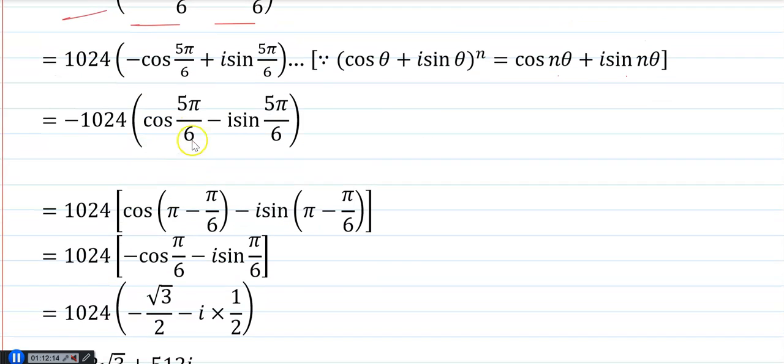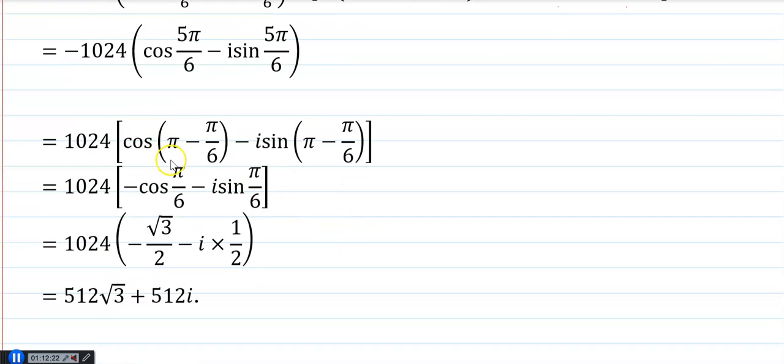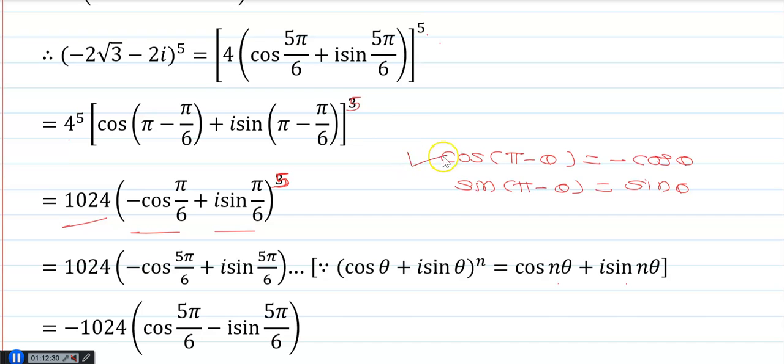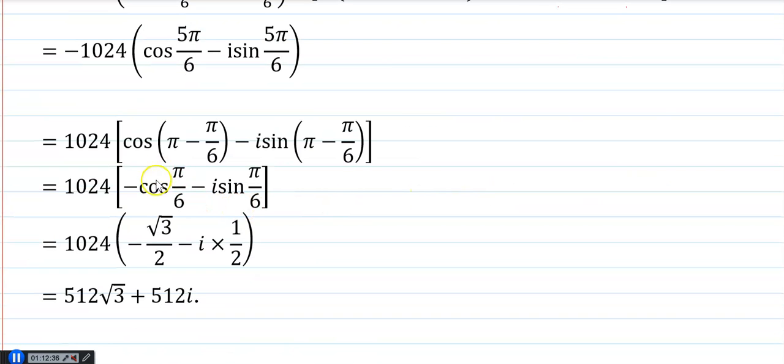Now again 5 pi by 6 can be written as pi minus pi by 6, and again sine of 5 pi by 6 can be written as sine of pi minus pi by 6. This lies in the second quadrant, and therefore again we use the result for cos of pi minus theta and sine of pi minus theta. Cos of pi minus theta is minus cos theta, and hence here it's minus cos of pi by 6.